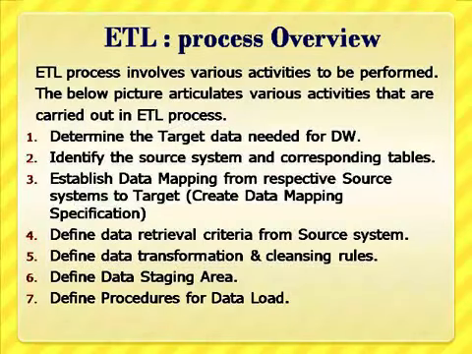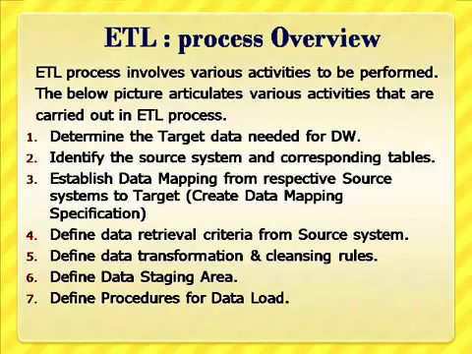ETL process overview. The ETL process involves various activities to be performed. The below picture articulates the various activities that are carried out in the ETL process. The first activity is to determine the target data needed for the data warehouse. Number 2, identify the source systems and corresponding tables.